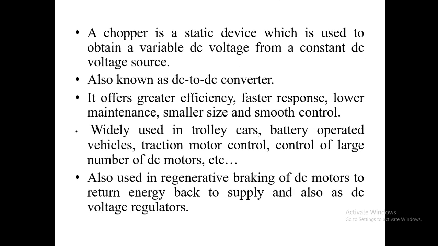As I said, a chopper is a static device used to obtain a variable DC voltage from a constant DC voltage source. The other name for a chopper circuit is DC-DC converter.